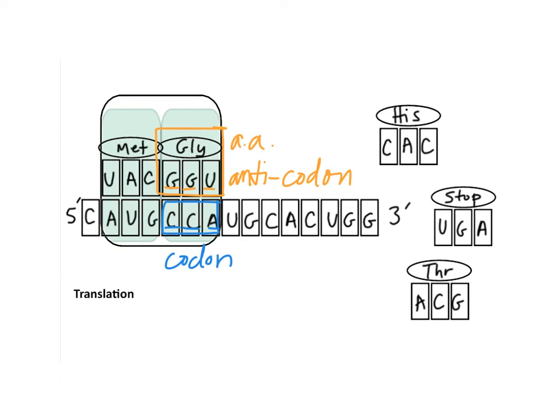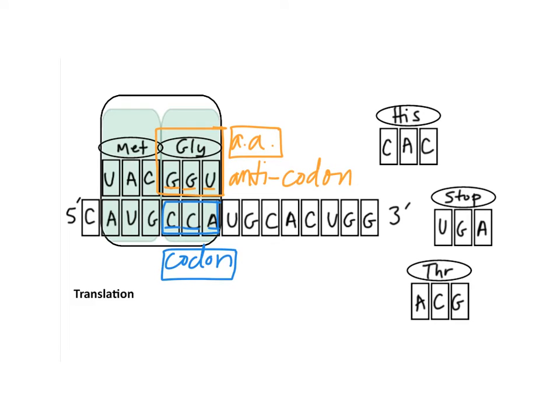Now, there is a special chart that I'll be giving you in class that will help you figure out which codon results in which amino acid. But for now, you just take my word for it that these are the amino acids that go with them.